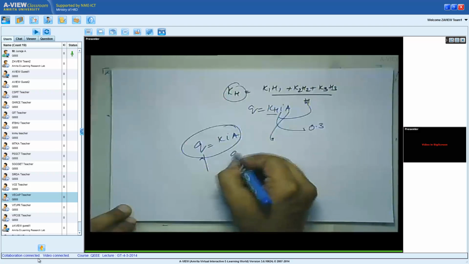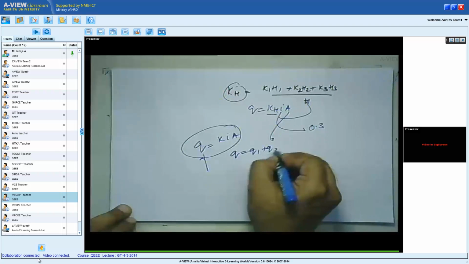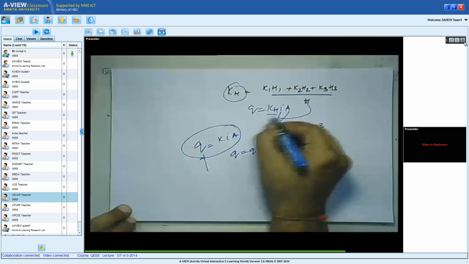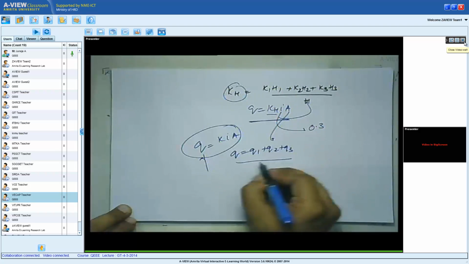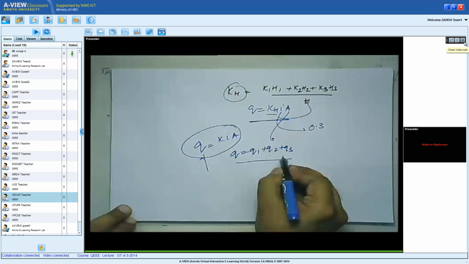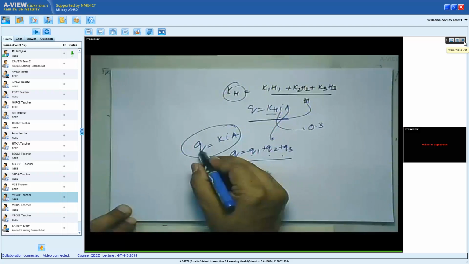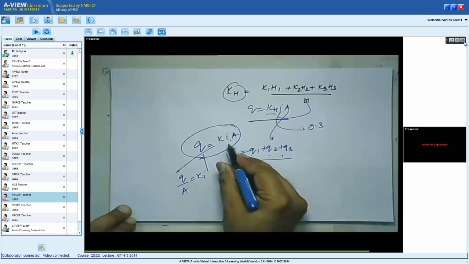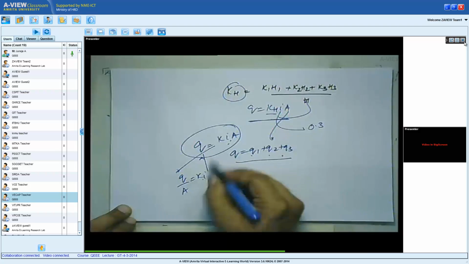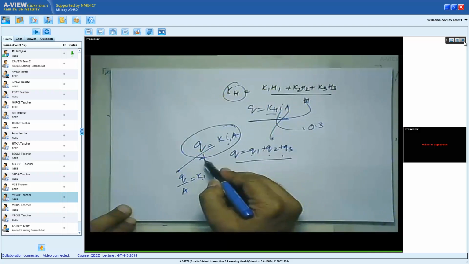So I have Q equals Q1 plus Q2 plus Q3. In this case I had used the average. Please do not mix up the two. If Q1, Q2, Q3 are different and I know Q equals KiA, this equation gives me Q by A equals Ki. Remember Q by A equals Ki. I have just plugged in A from there.